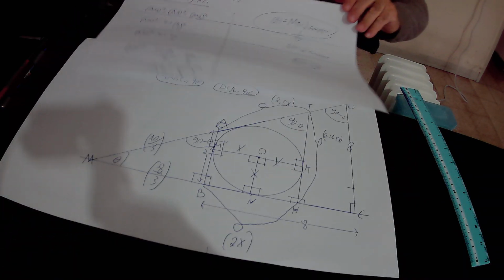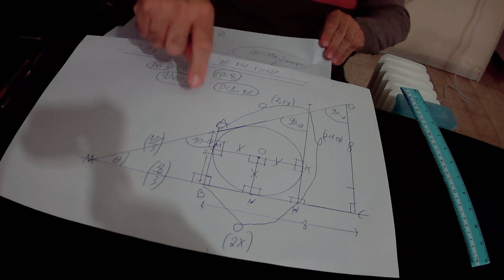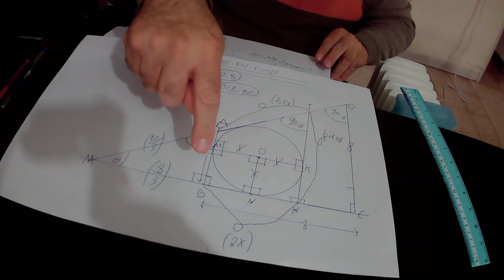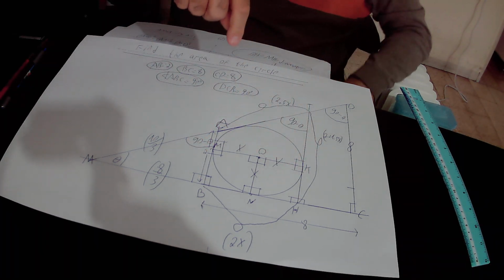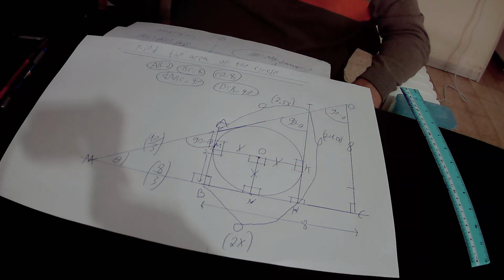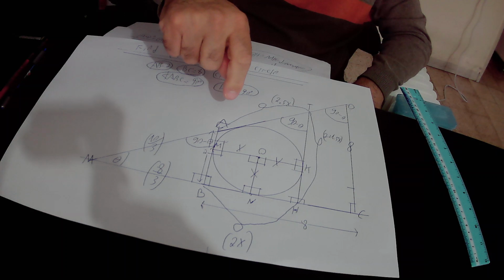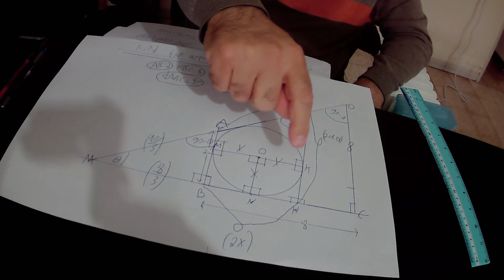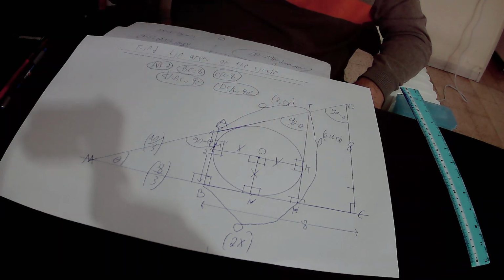Then we focused on quadrilateral MKBH. Inside this quadrilateral, we have 1, 2, 3, 4 right angles. Any quadrilateral that has 4 right angles must be at least a rectangle, if not a square. So we relate to quadrilateral MKBH as a rectangle. And we know that the opposite sides of a rectangle are equal to each other.